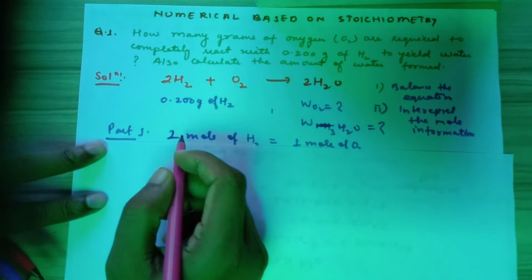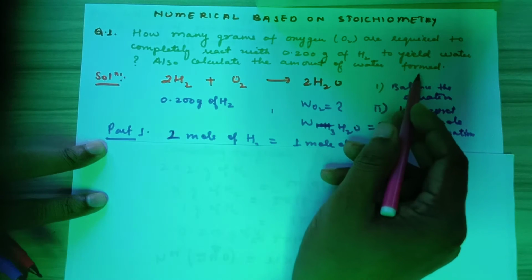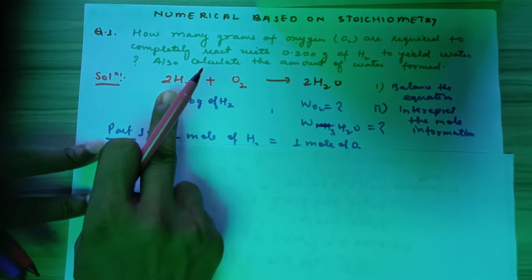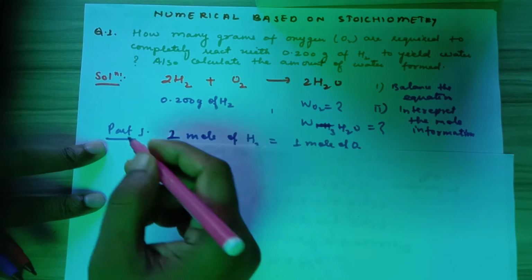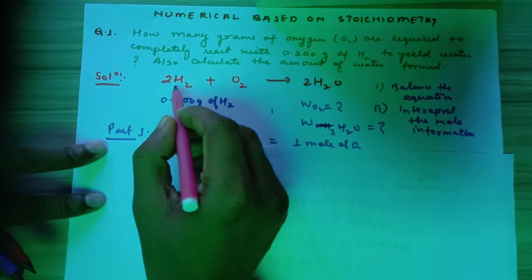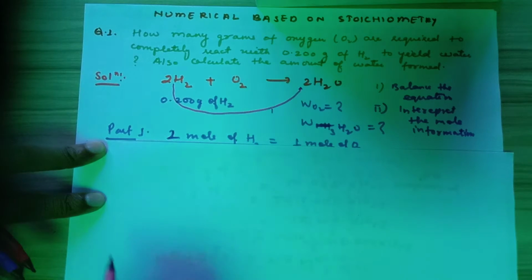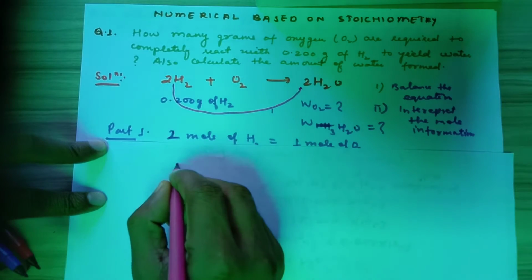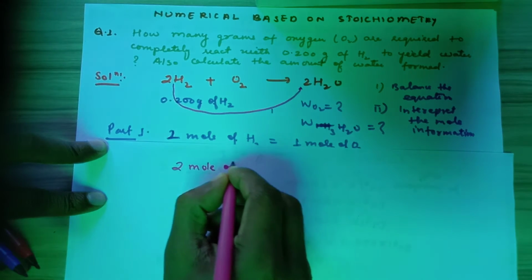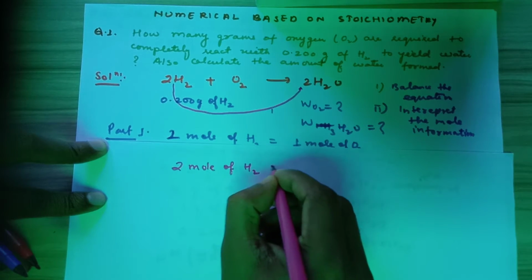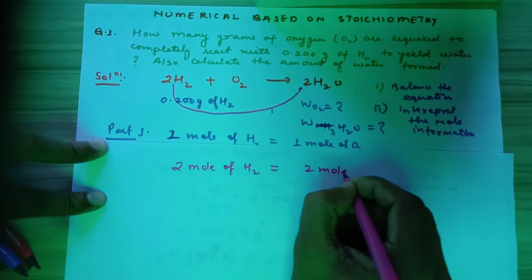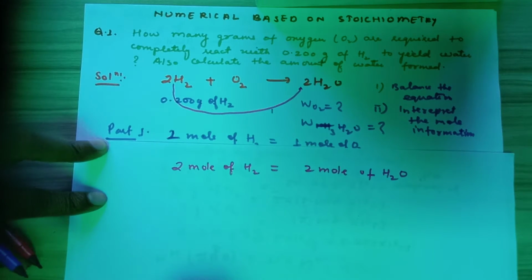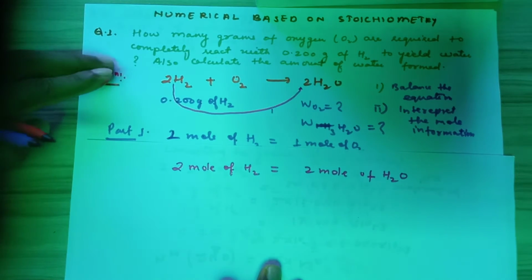Now second part, we have to find the amount of water formed, and the given is 0.200 gram of hydrogen, that is dihydrogen. So the first concept is just to use mole information from here. So we can say that 2 mole of hydrogen gives 2 mole of H2O. The simple basic rules.